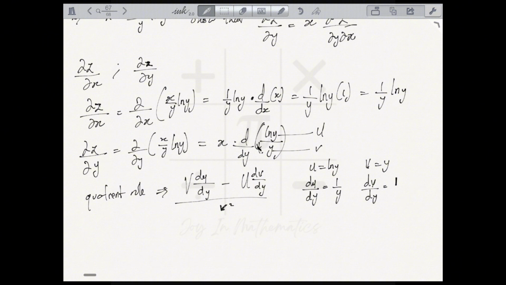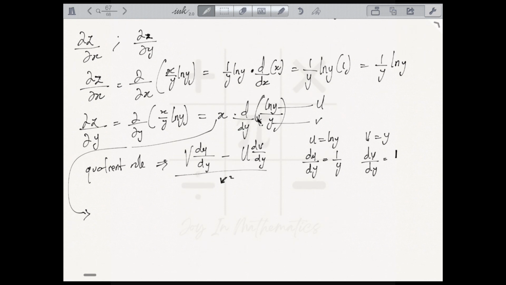Therefore we can simplify further with our quotient rule, that this will give us x multiplied by v, which is y, times du/dy, which is 1 over y, minus u, ln y, multiplied by dv/dy, which is 1, divided by v squared, which is y squared.